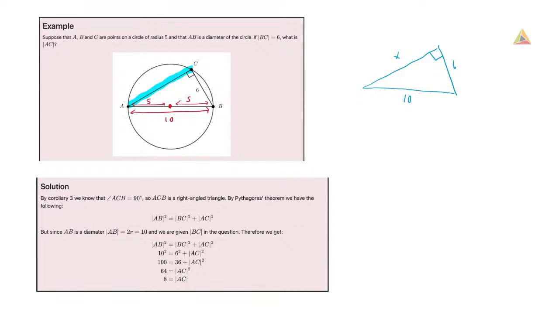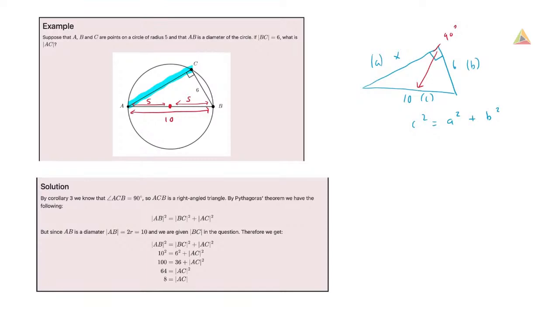Now, the hypotenuse is always the side opposite the right angle, which is this one here, because it's opposite that right angle. That's 90 degrees. So the rule is c squared is equal to a squared plus b squared. So 10 is obviously c, that's the hypotenuse. I'll call x a, and I'll call 6 b.